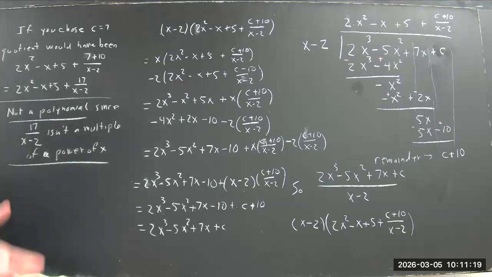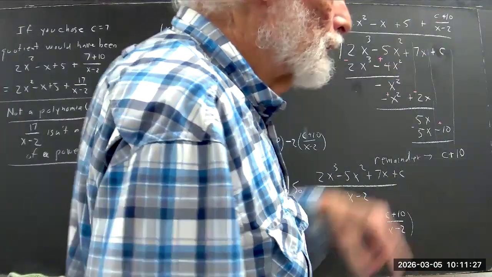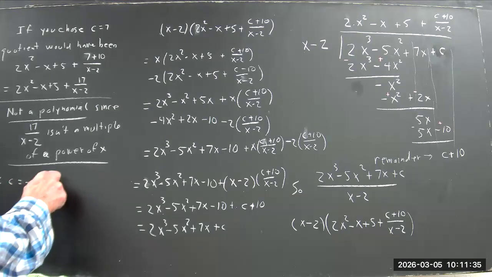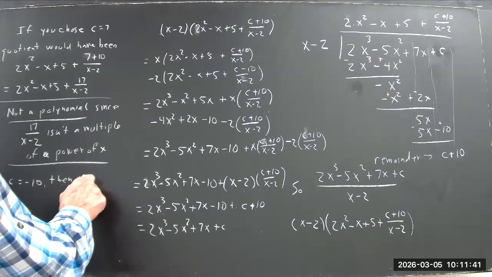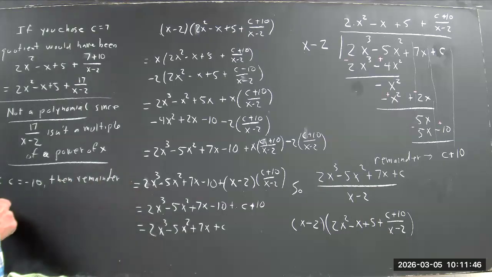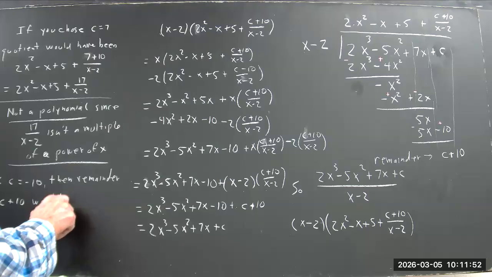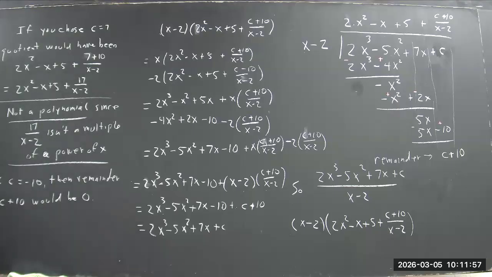Now if you haven't got it, that's okay, because you'll understand when I say, if c equals negative 10, that's not going to have a remainder. And the remainder, c plus 10, would be 0.